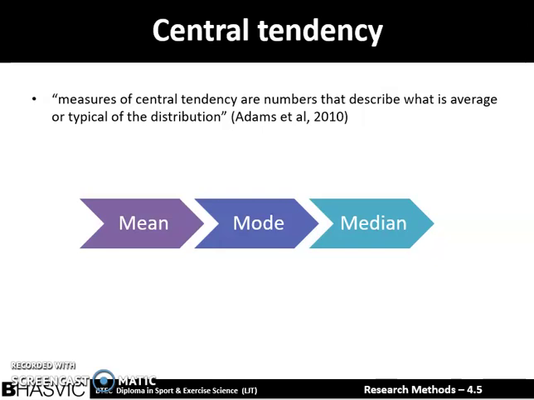It's influenced by outliers, and it doesn't make sense in reality. You can have a mean of 4.2, however you can't have 4.2 of a child or a participant, for example.